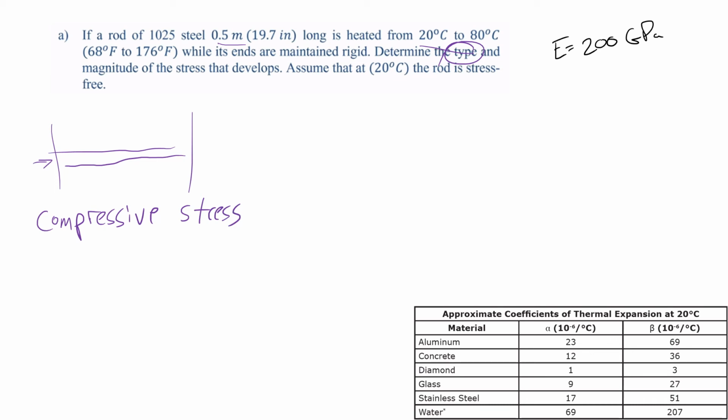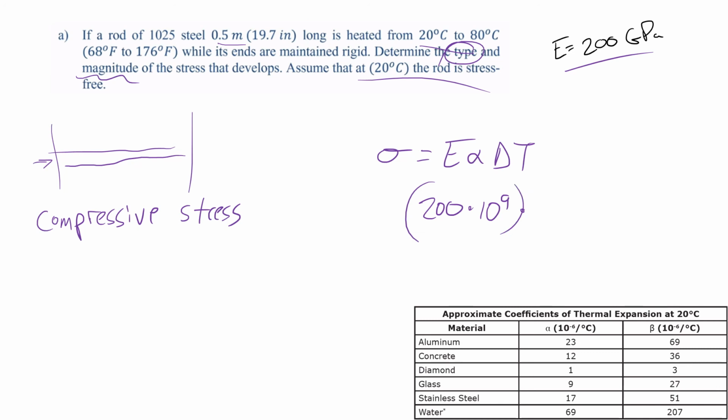All right, moving on. Now we need to determine the magnitude. So magnitude is easy. At 20 degrees, this rod's stress-free. Do you remember those days? Anyways, so we're going to have stress is equal to modulus of elasticity times alpha times delta T. Your modulus of elasticity, I wrote it up here for you, is 200 gigapascals. 200 giga, remember, is billion, one above million. So it's going to be times 10 to the 9 times alpha.